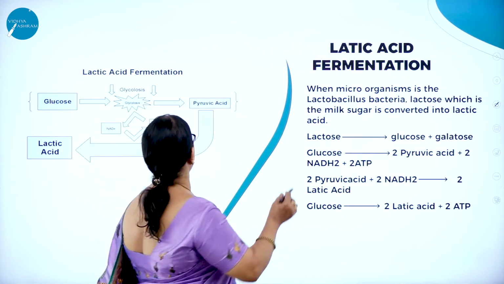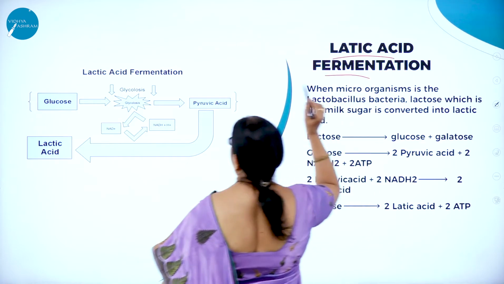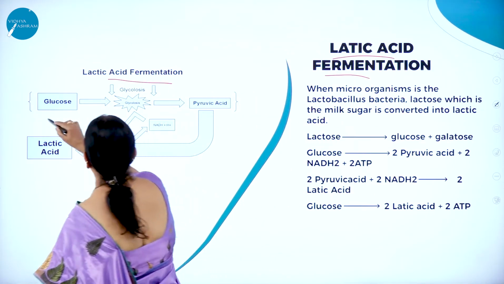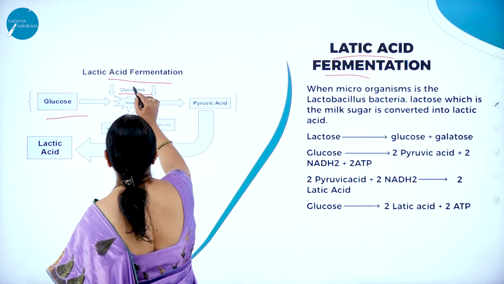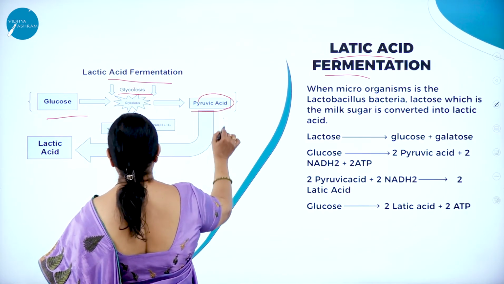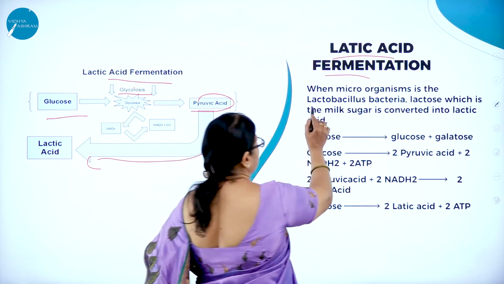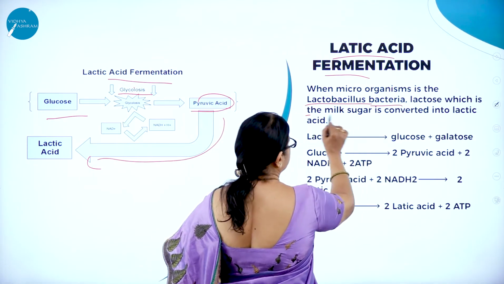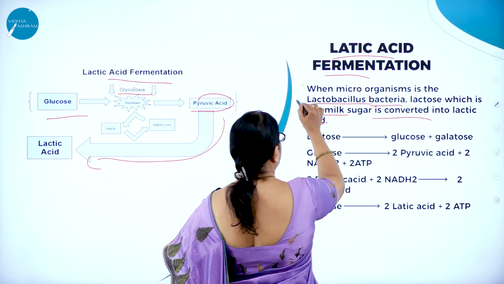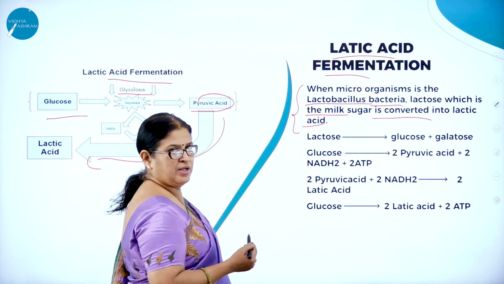Then moving on to lactic acid fermentation. Here you can see in the picture, glucose is converted into pyruvic acid and pyruvic acid into lactic acid. So when the microorganism is the lactobacillus bacteria, lactose, which is the milk sugar, is converted into lactic acid. I think all of us know, right?